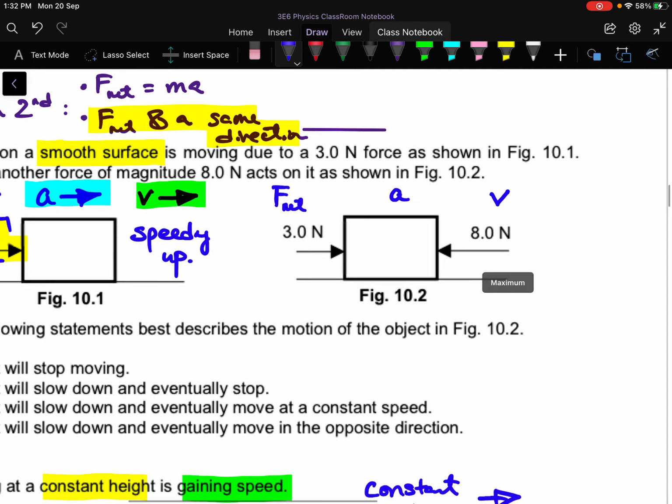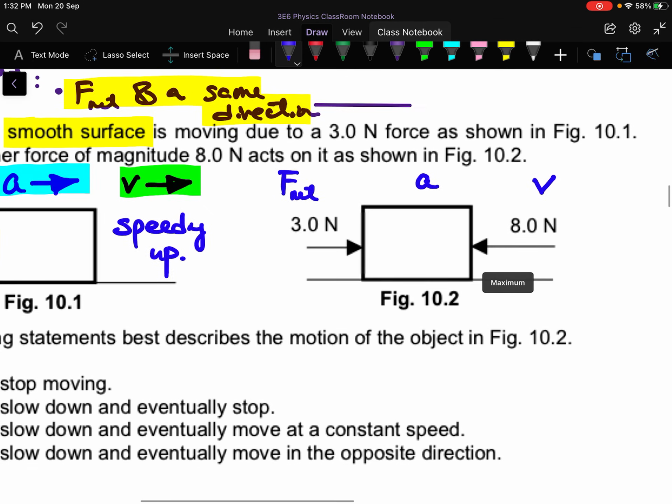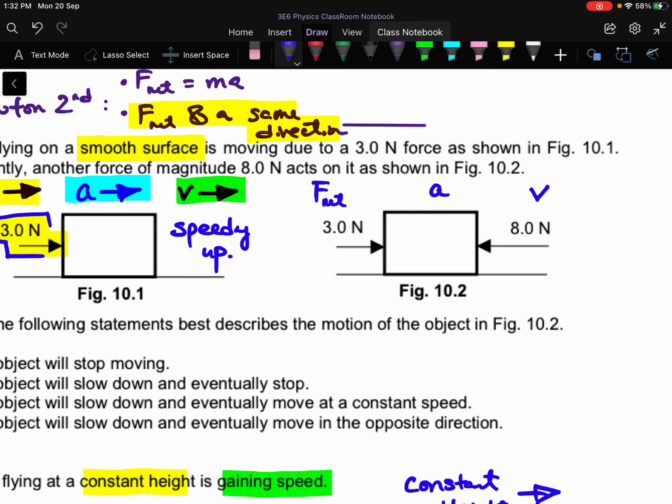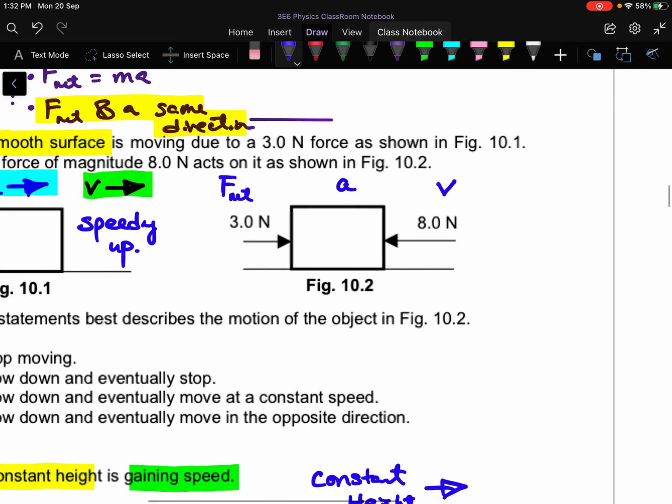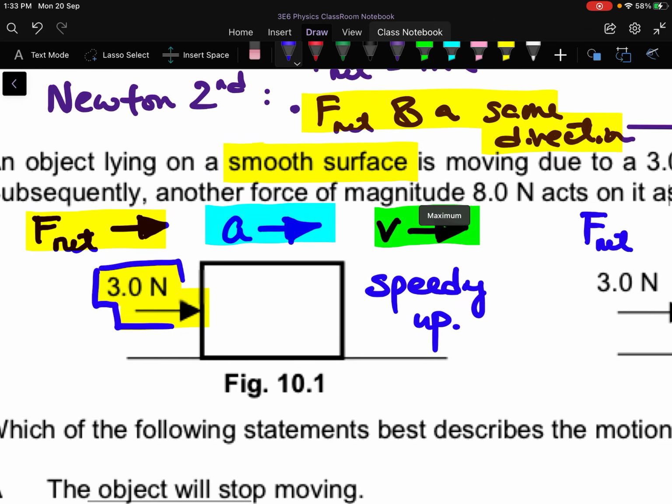Now the question introduces another scenario somewhere later on. 10.2 is what happened in the future, so we should know that the velocity initially is forward. This is the initial velocity, going forward because of this part.